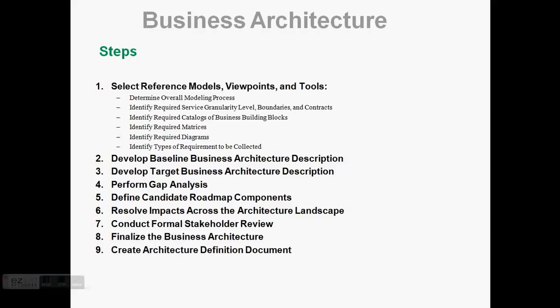Step 7 is to conduct a formal stakeholder review: check the organizational motivation for the architectural project and the statement of architectural work against the proposed business architecture. Step 8 is to finalize the business architecture.